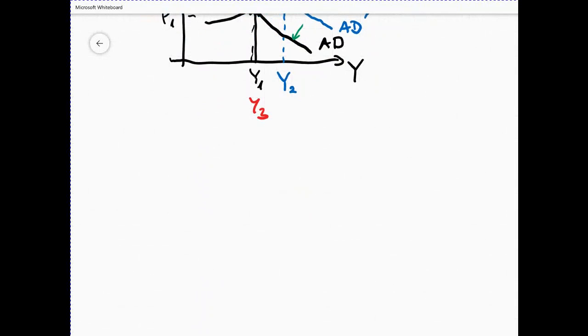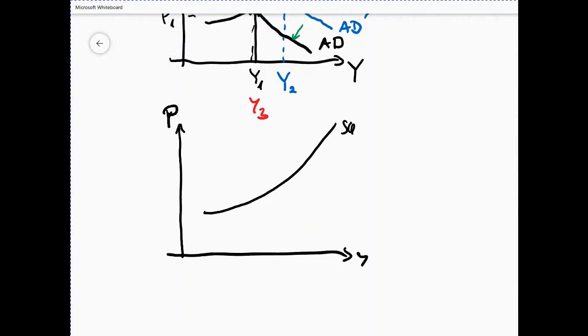It is also possible that there is a shock in the supply. So we may have a SRAS here, we have an AD here, and of course the LRAS here.